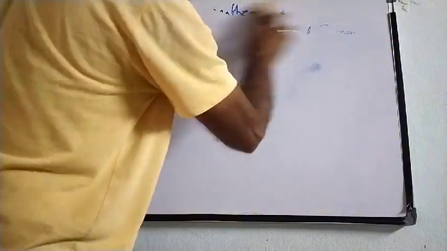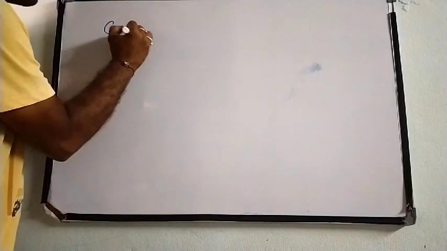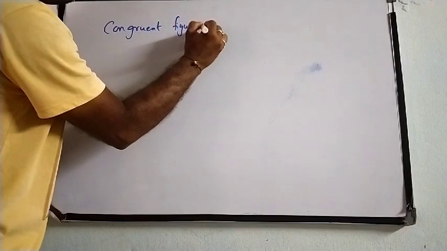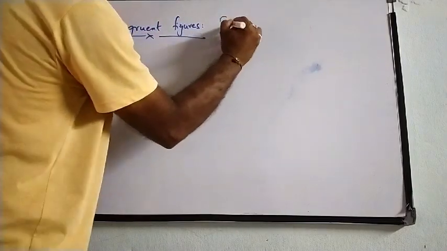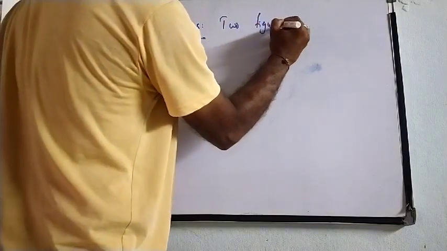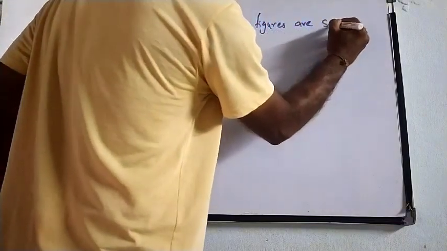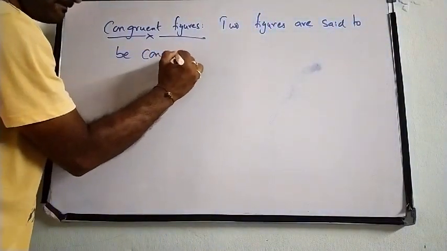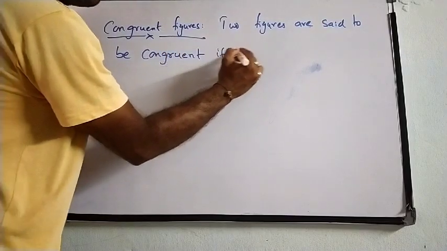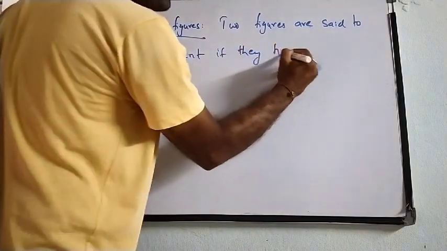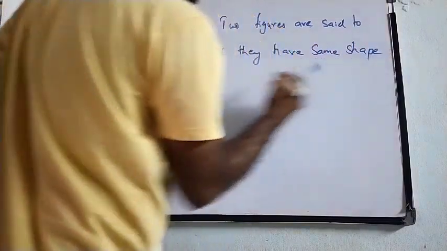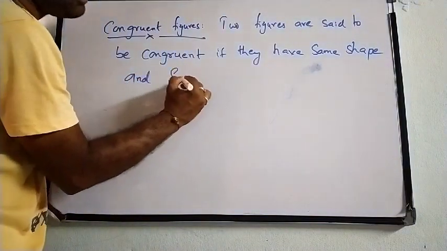congruent figures. So let me have a quick revision of that. Two figures are said to be congruent if they have the same shape and the same size.